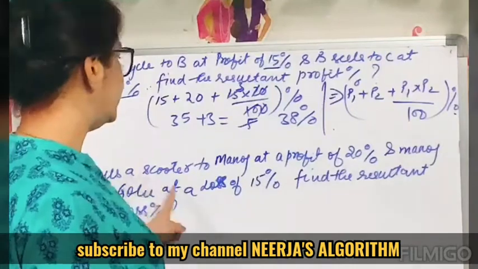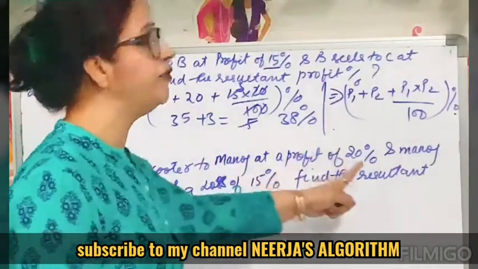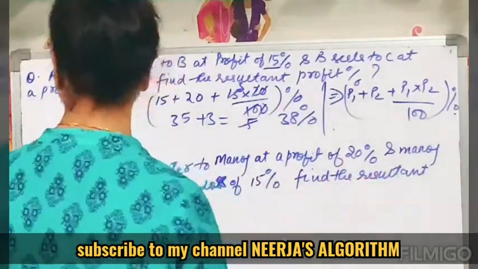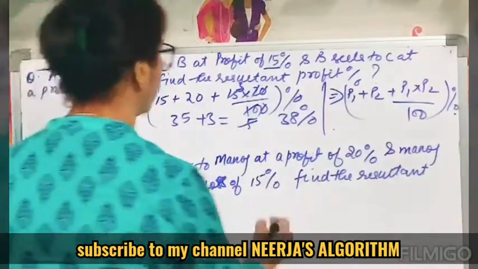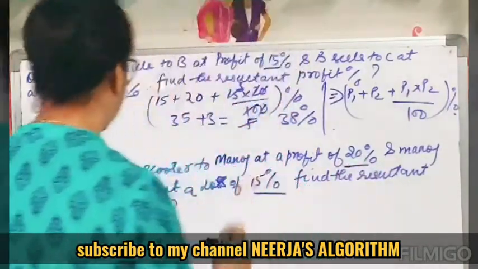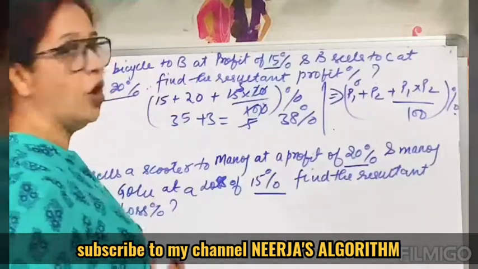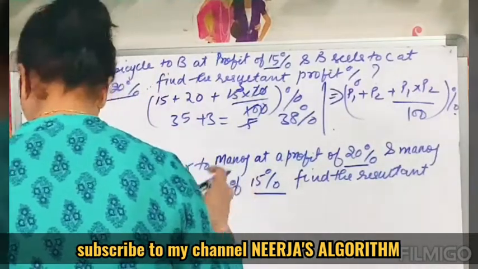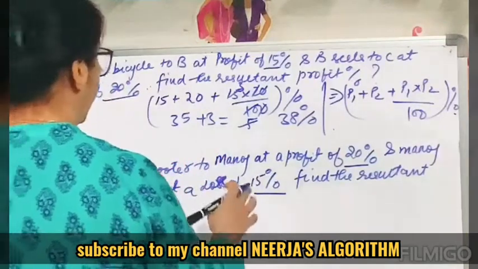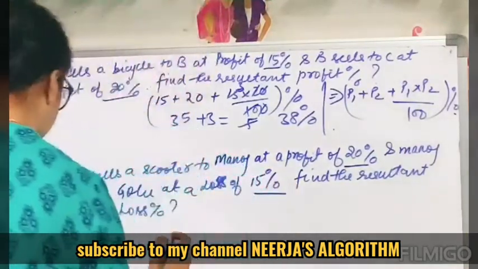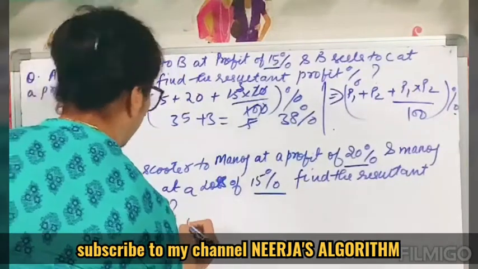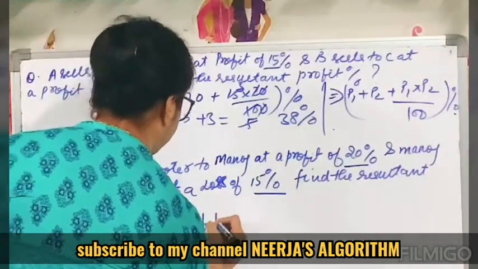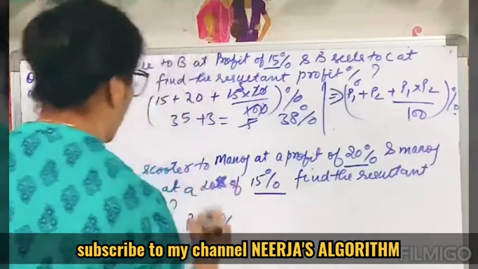See, Ramesh sells a scooter to Manoj at a profit of 20% and Manoj sells it to Golu at a loss of 15%. Find the resultant profit or loss percent. Now, what would be the profit or the loss percent you will get? It will be a loss. I am finding, sorry, profit percent again. The answer will be, because of the loss.